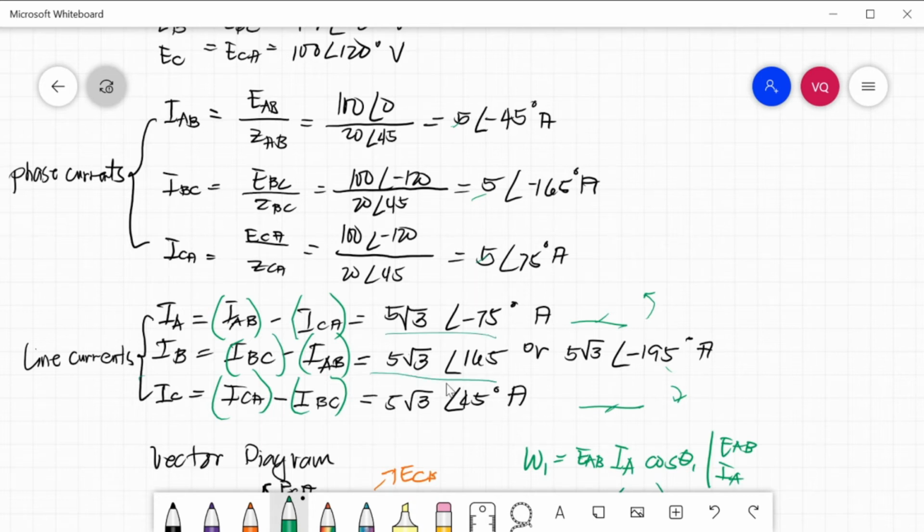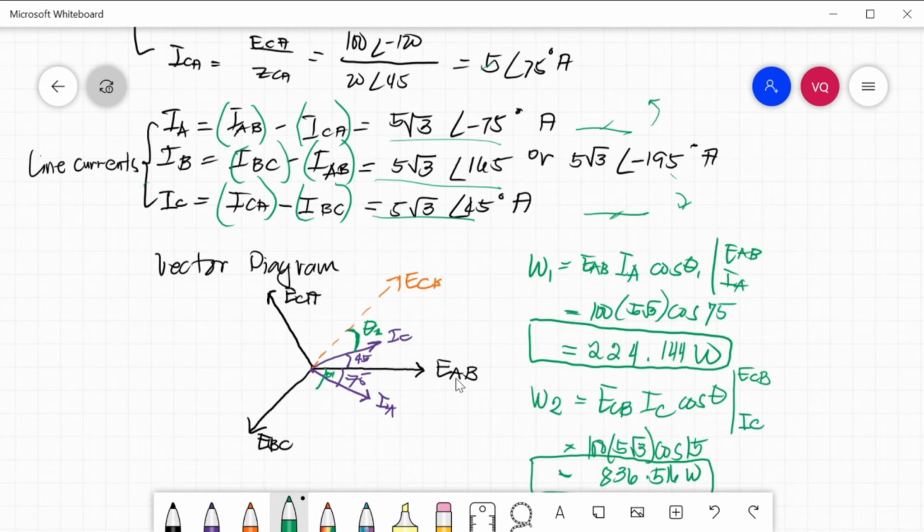So, for the vector diagram, we have the reference x-axis. Since our phase voltage and line voltage are equal, here is our line voltage which is in phase with our reference x-axis. So, EAB is angle 0, EBC is angle negative 120, and ECA is positive angle 120.